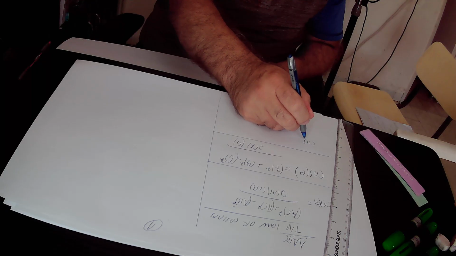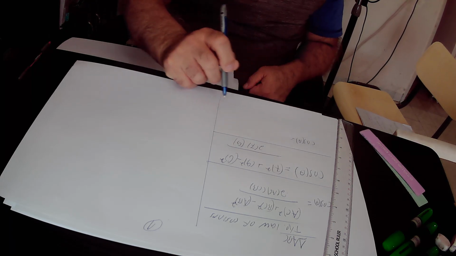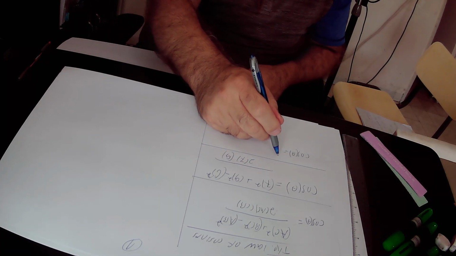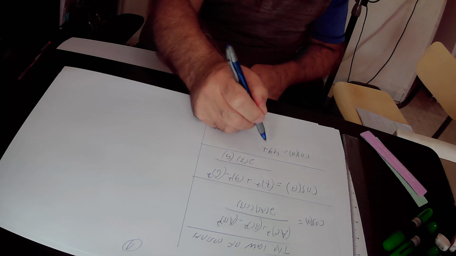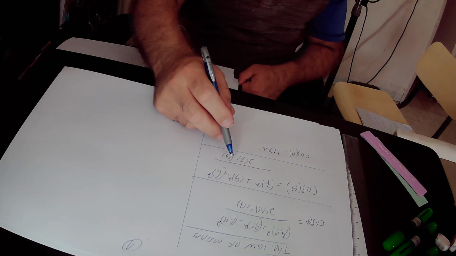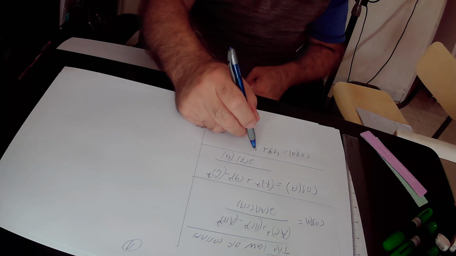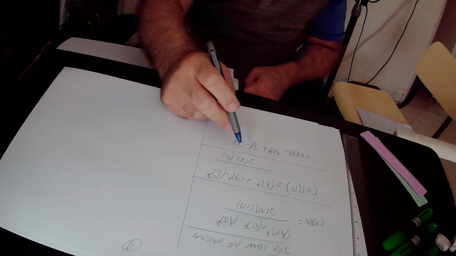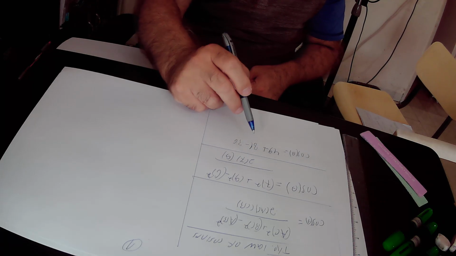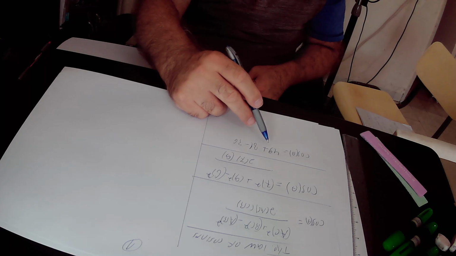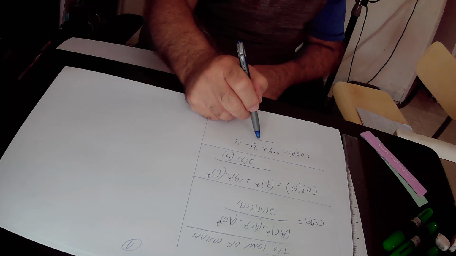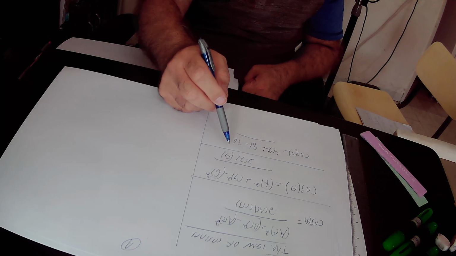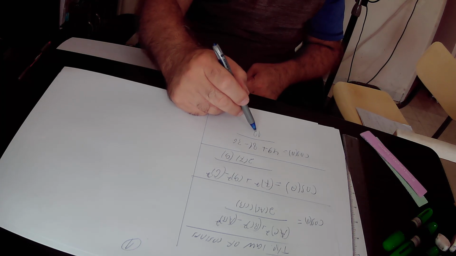So cosine theta equals 7 squared, which is 49, plus 9 squared, which is 81, minus 6 squared, which is 36, over 7 times 9 is 63, 63 times 2 is 126.